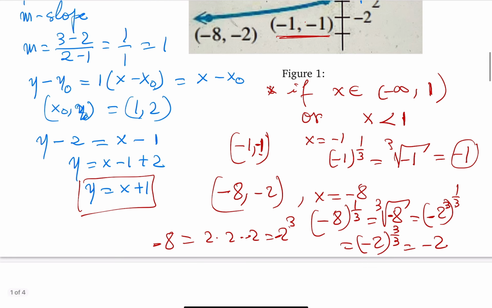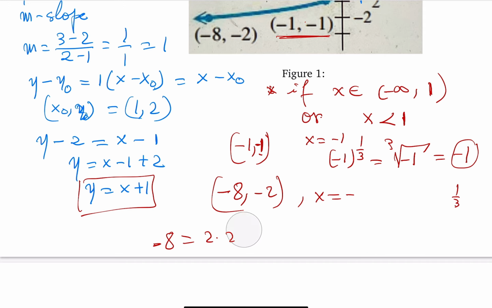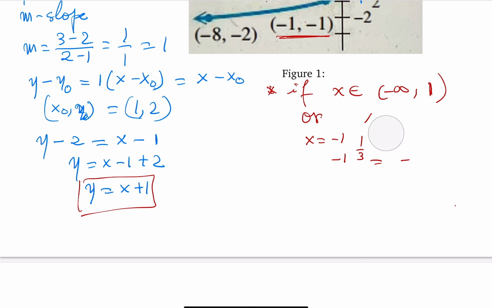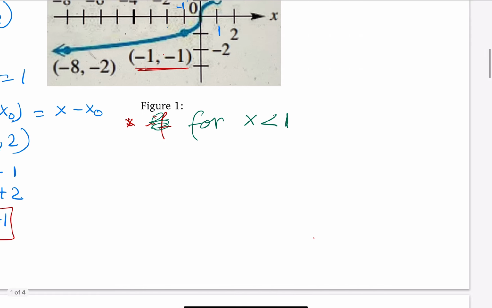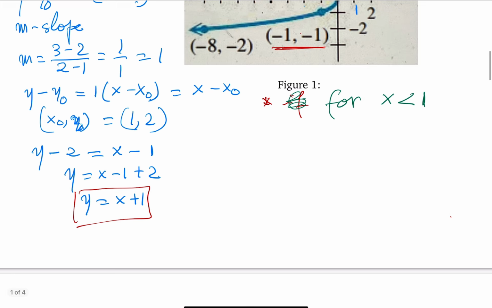And then you can just conclude directly, let me erase here, I don't have any space. You can just conclude that for x strictly less than 1, on this side, f(x) is just the cube root of x.